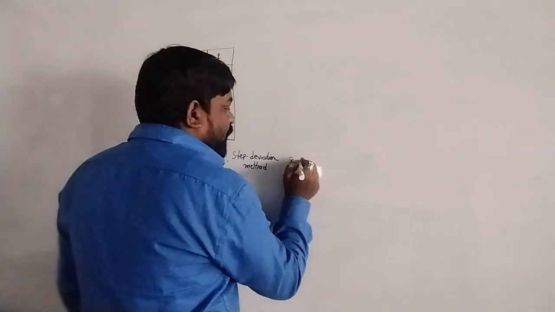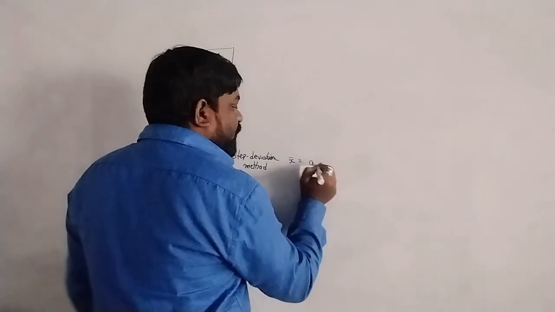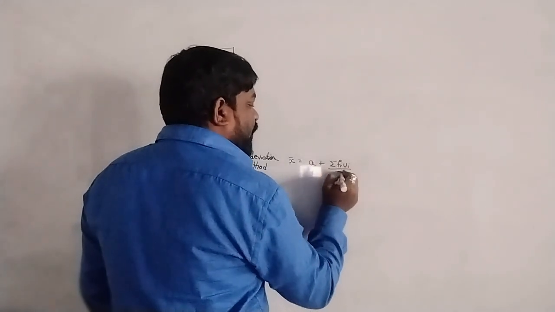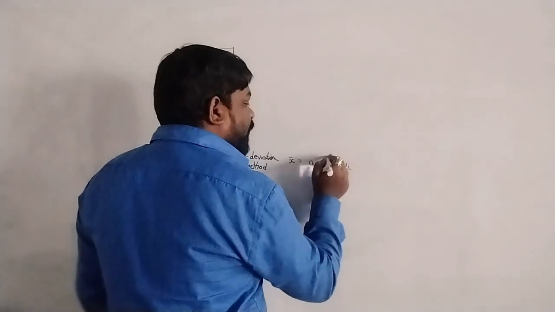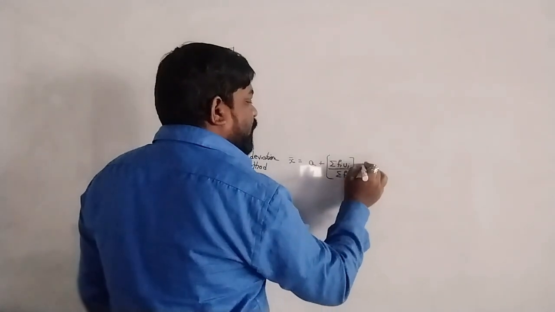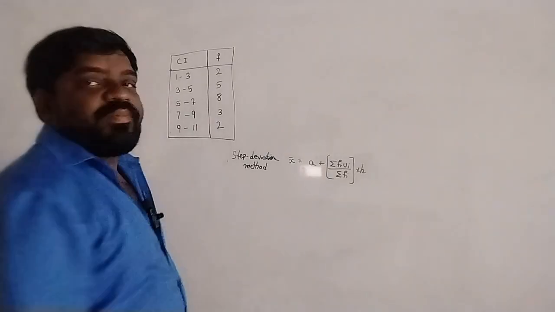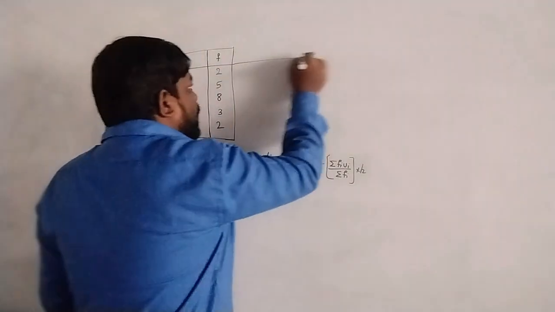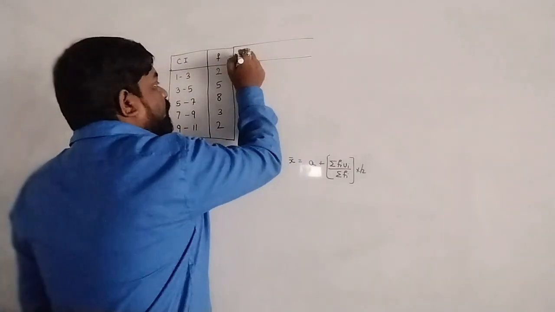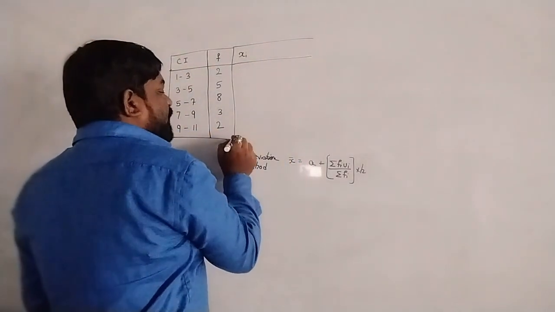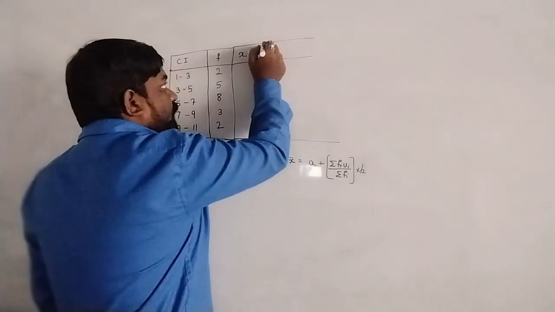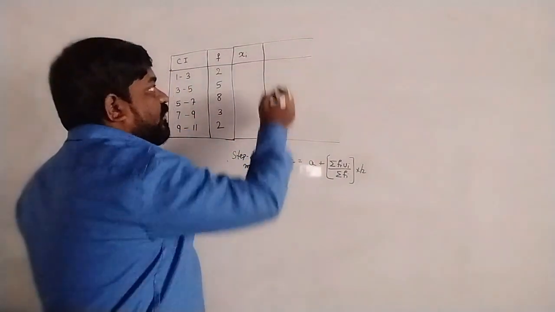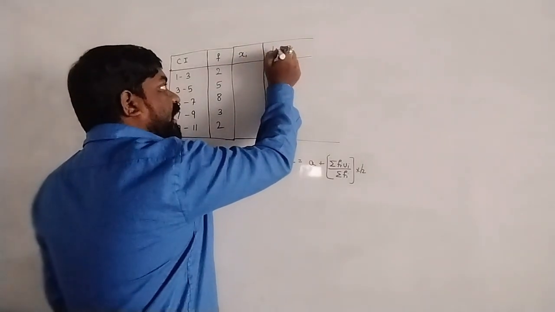So recall the formula, x dash equals a plus sum of fi ui by sum of fi into h. Now what are the columns we require? First we need to find the xi column, that is the midpoint of the class interval. Next we need to find di.